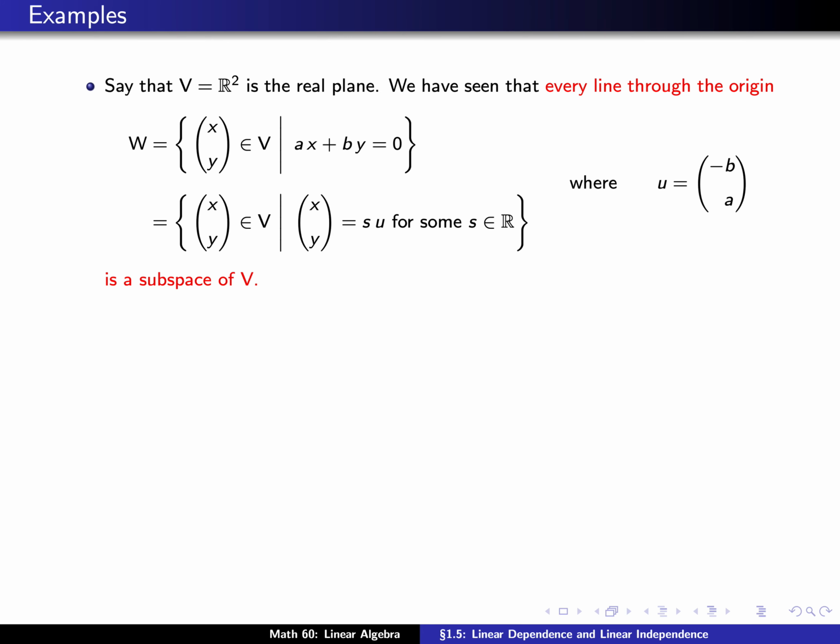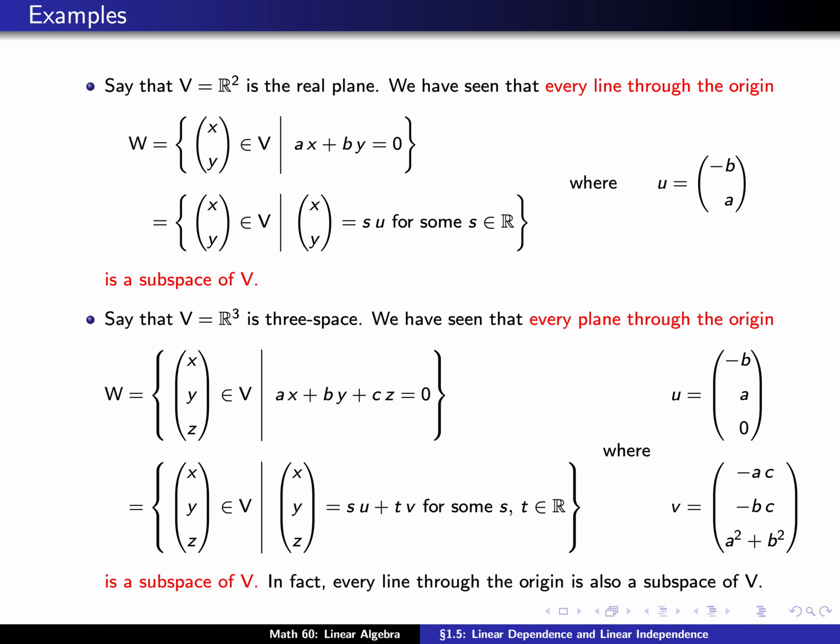Another way to think of the line is the set of points that are moving in a direction. That direction is where we're calling our vector u, (negative b, a), and we can either move all the way to the right or we can move all the way to the left along this line. The motion is where we're calling our scalar s. This can be any real number.